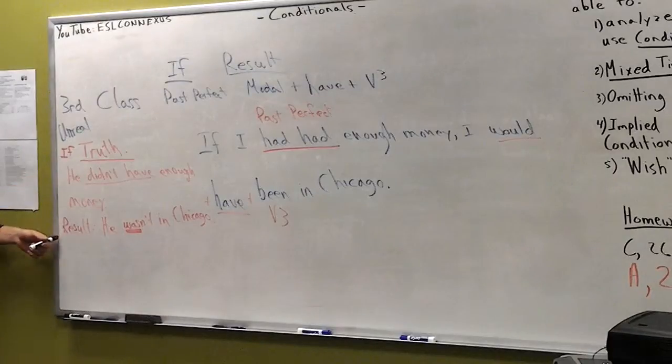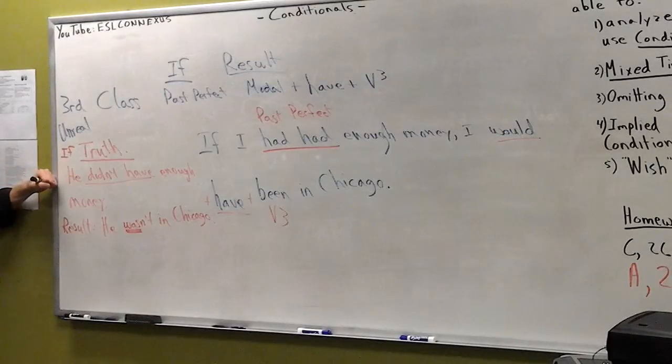I have a reality in the past, and I want to contradict it. In the TLC, I was doing the exercises for these yesterday. And sometimes they give the truth sentence with negatives. Then the rule is to build the conditional in a positive way.